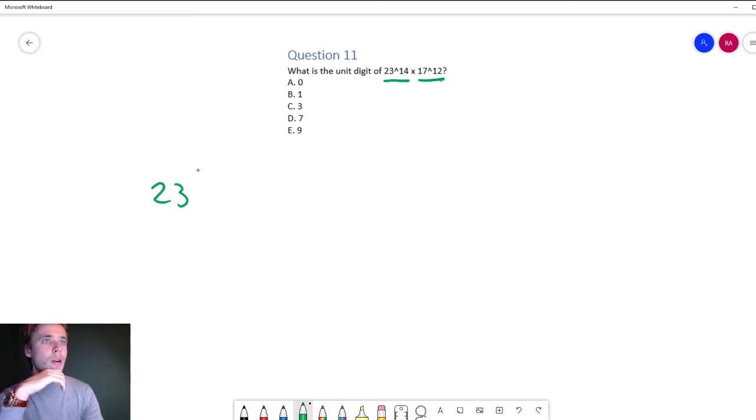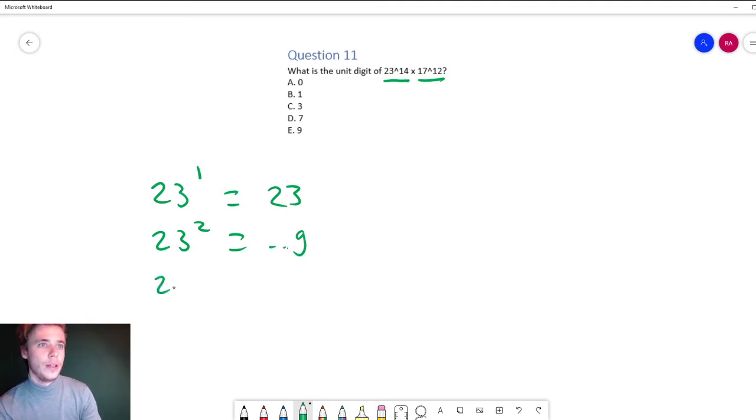23 to the power of 1 ends with a 3. 23 to the power of 2, something with a 3 times a 3, ends with a 9. 23 to the power of 3, something that ends with a 9 times 3, 9 times 3 ends with a 7.